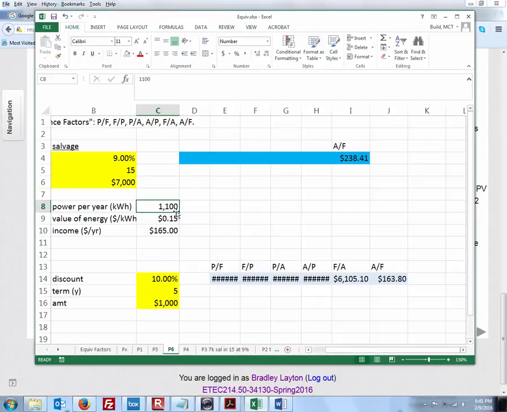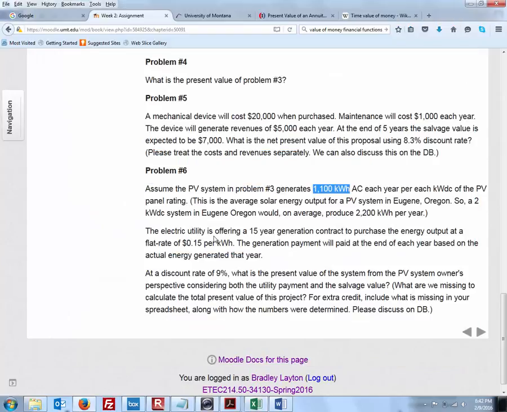We're not really given that. We're going to just assume that it's the same, and that cost is the same. So we're looking at 165 bucks a year. 15%. What is the present value from the PV system owner's perspective, considering both the utility payment and the salvage value?